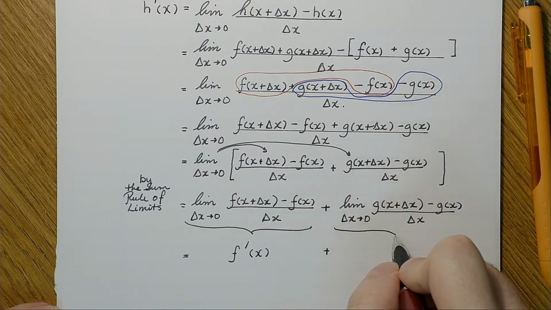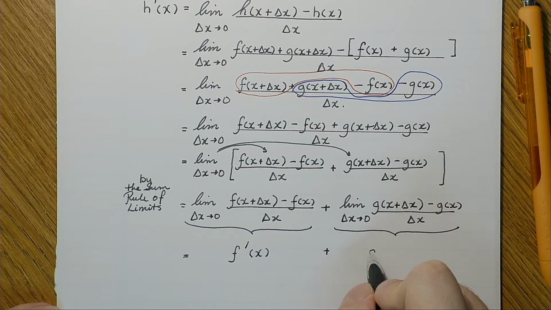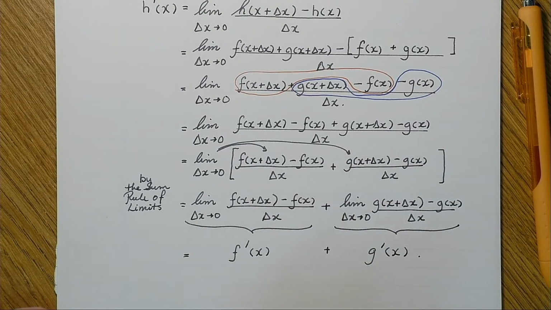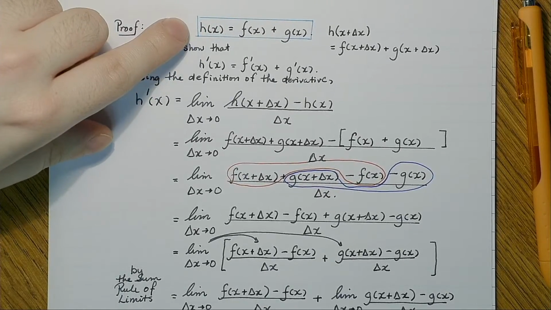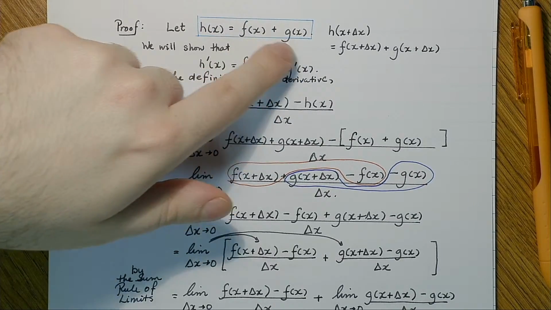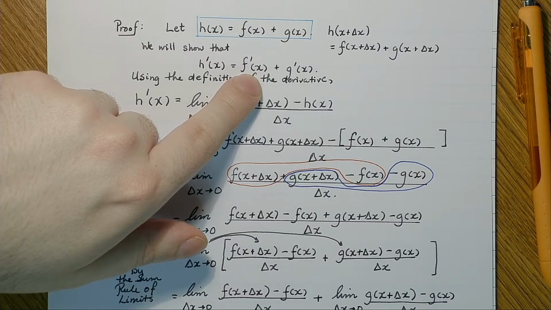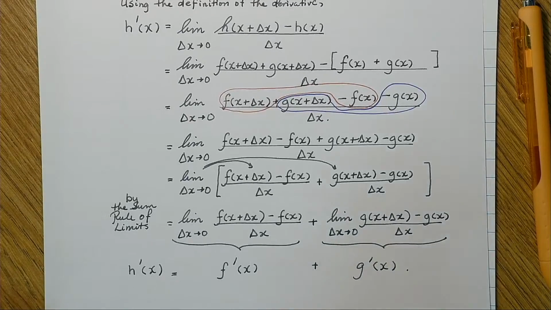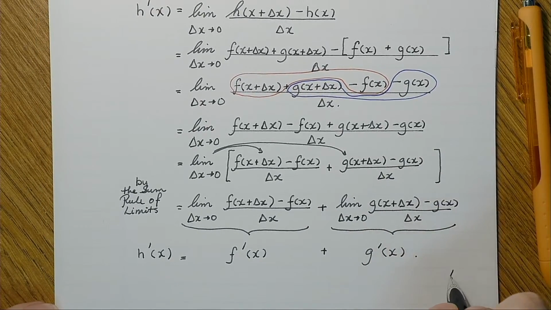So we're done. So what we have shown then is that if I have a function, the derivative of the sum of functions is equal to the sum of the derivatives of each function. And that's the end of that proof.